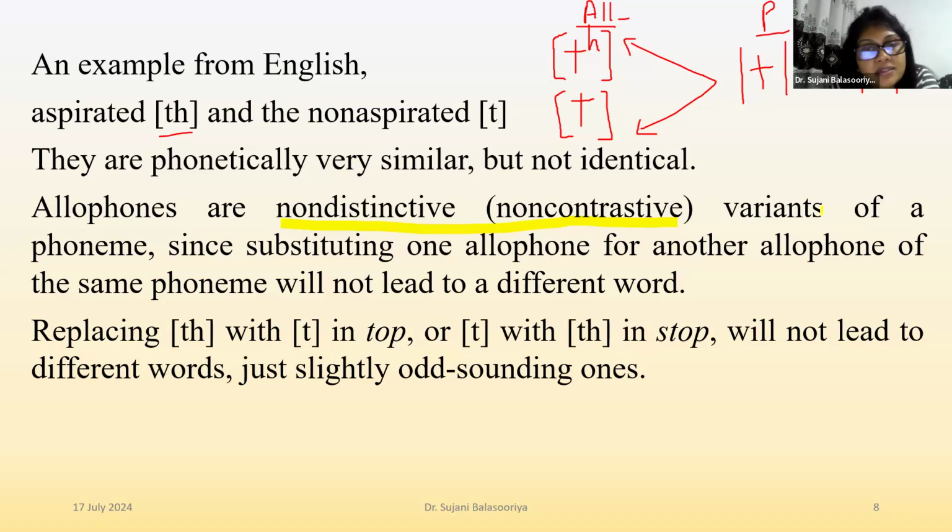But if I pronounce that same word without stress, that means using another allophone, do you think the meaning of the word changes? Yes or no? Does the meaning of the word change if I do not stress B in the initial position of bat? What do you think? The meaning of the word changes or not?